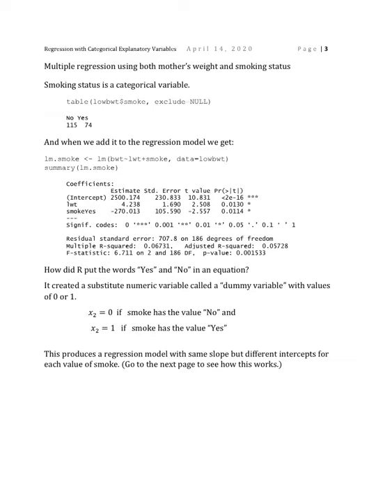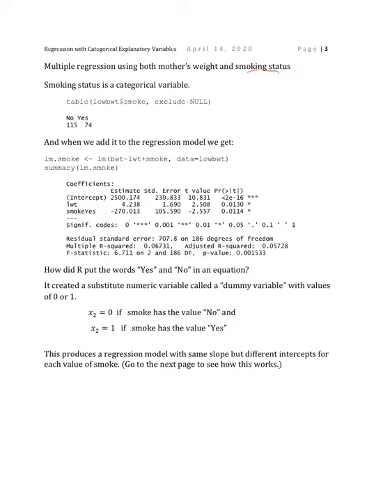So next we're going to look at a multiple regression using both the mother's weight and smoking status. And here's a table of smoking status. That's a categorical variable. We had 115 non-smokers and 74 smokers.